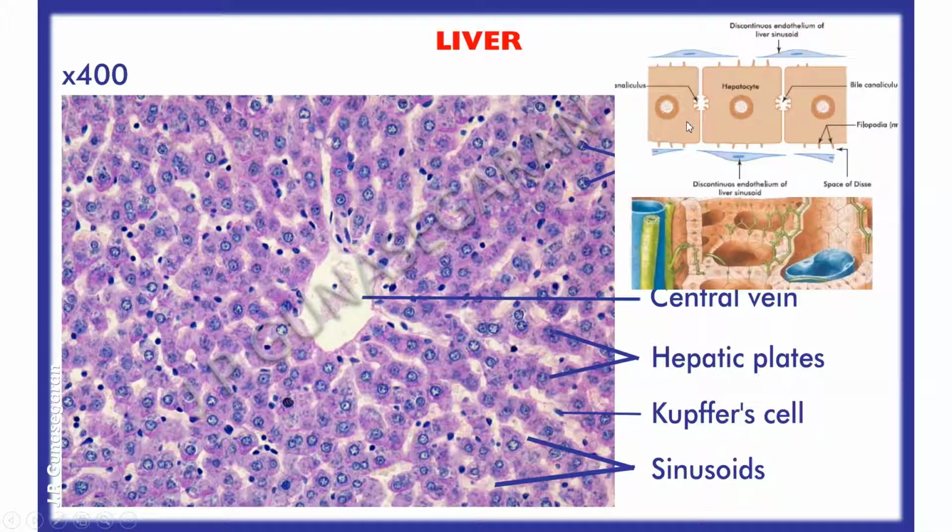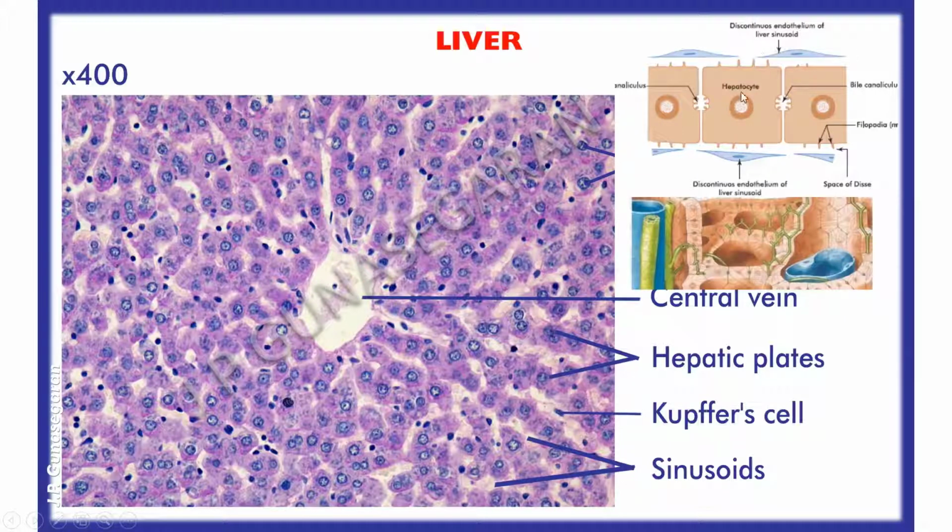The flow of bile is from the center to the periphery, that is towards the hepatic ductule present in the portal tract, a direction opposite to that of blood. Here is a sinusoid and that side is also a sinusoid.